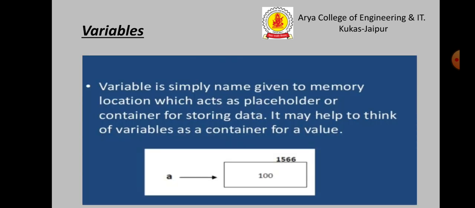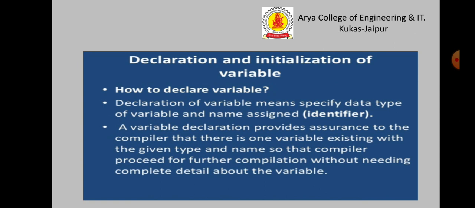Now the variables. A variable is the name given to a memory location where we store a value. Here in this example, a variable stores a value 100 and its address is 1566. Declaration and initialization of a variable.